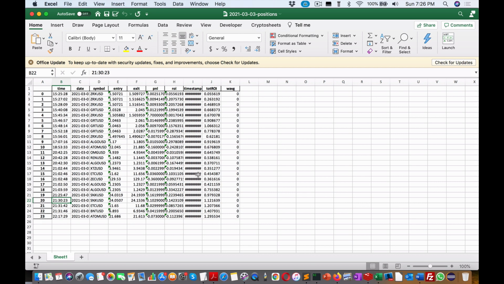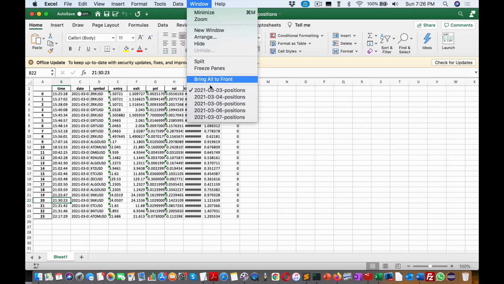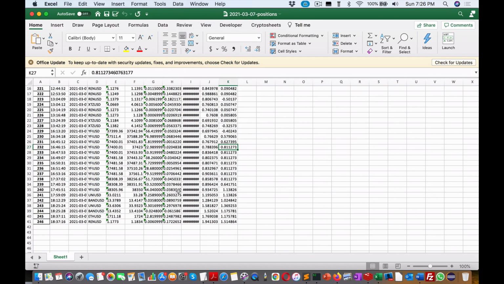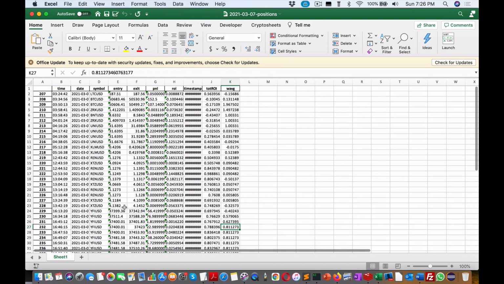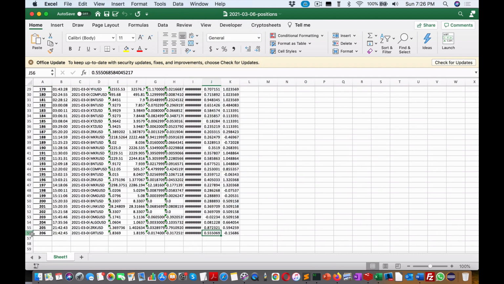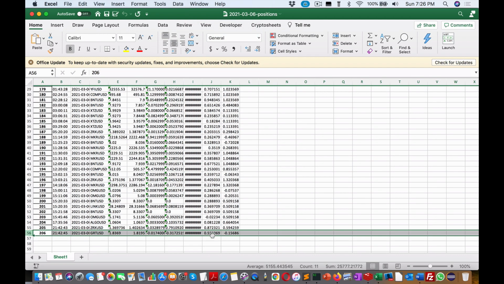So there's that. Let's look at the number of trades we would typically take here. Let's look at a full day of yesterday. Yesterday had 56 positions.